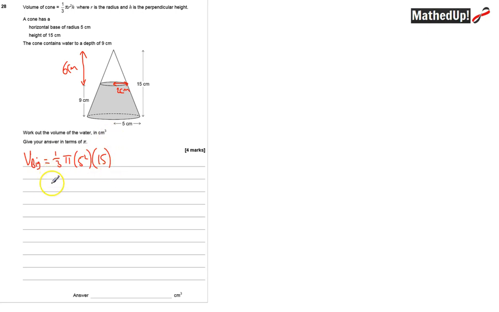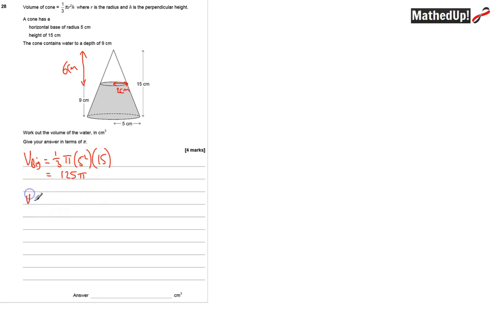Okay, so that's going to be equal to, well, we can do 1/3 of 15 is 5, so that's going to be pi times 5 squared times 5. So pi times 25 times 5, so that's going to be 125 pi. Okay, so that's going to be the volume of my big cone.